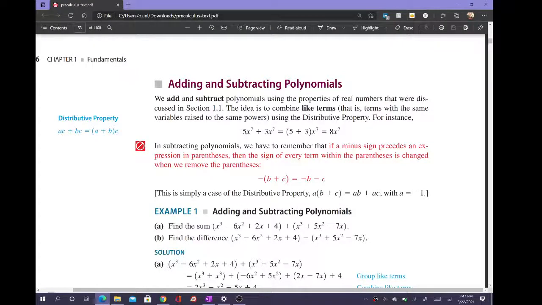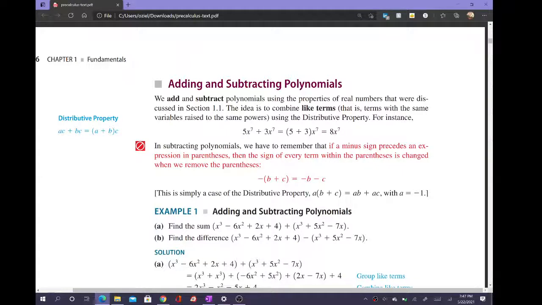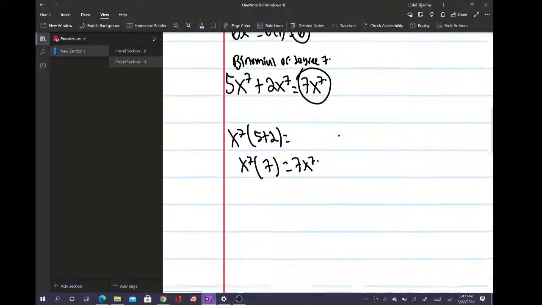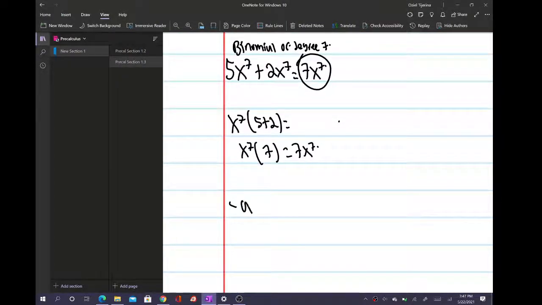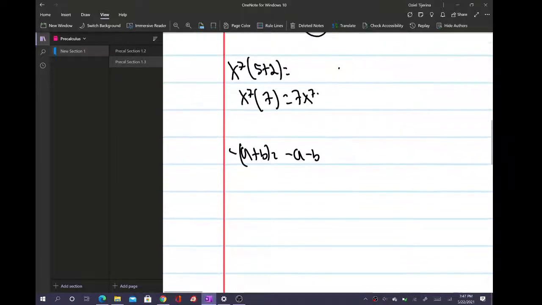Now, it says in subtracting polynomials, we have to remember that if a minus sign precedes an expression in parentheses, then the sign of every term within the parentheses is changed when we remove the parentheses. So all of that is saying is that negative the quantity a plus b is just negative a minus b.